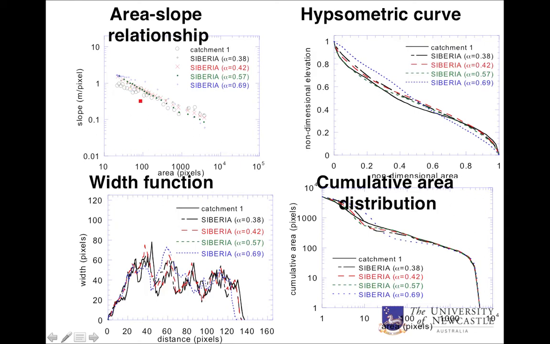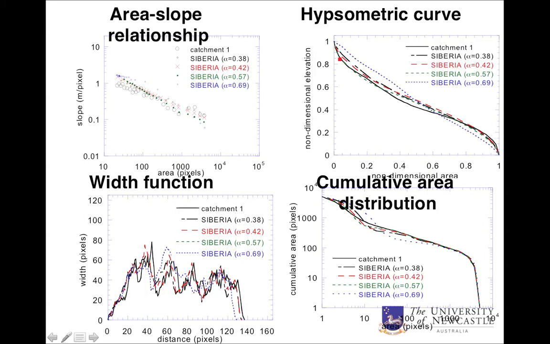So it looks like the model's relatively insensitive to that parameter, because over a wide range of this parameter, you're getting similar slope-area relationships, right? It's not quite picking up the finer resolution, but at the larger scale at least it's picking up the similar sorts of slopes. Although the 0.57 seems to be doing a better job at the larger scales than some of the other ones. But again, you can vary that to double check.